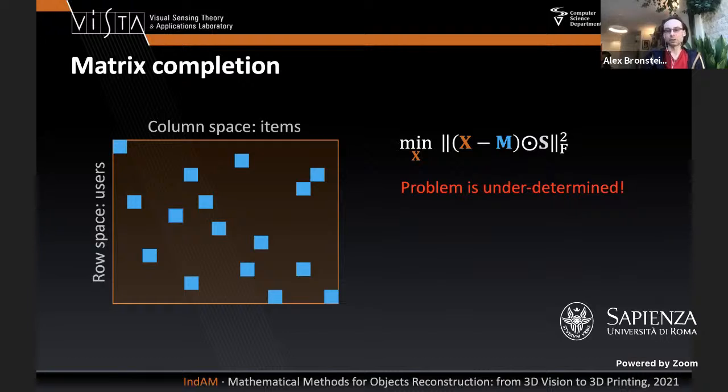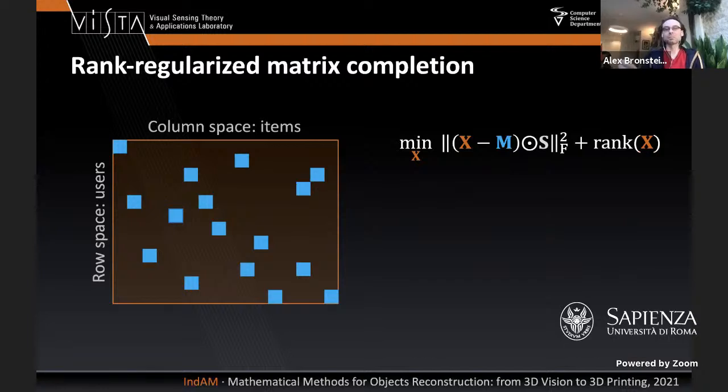So I need some sort of regularization, some prior on X. A very common prior that has been used in the matrix completion literature is to assume that the matrix has low rank, or at least approximately, that the singular values decay sufficiently fast. With this prior, the number of degrees of freedom in this problem is significantly reduced, and we have some hope to reconstruct the matrix in a meaningful way.